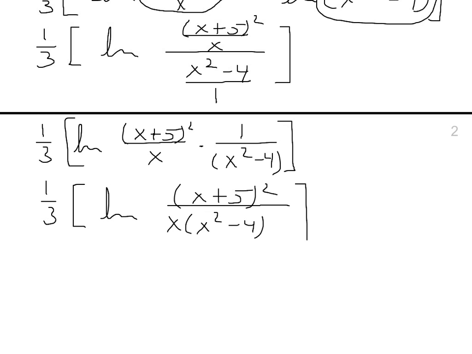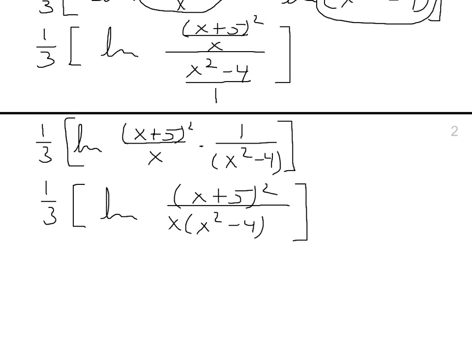There's no reason to distribute this x in the bottom right here. There's no reason to distribute that across the x squared minus 4. It certainly wouldn't be wrong to, but there's no real reason to do that either. And now we're almost done with our problem.